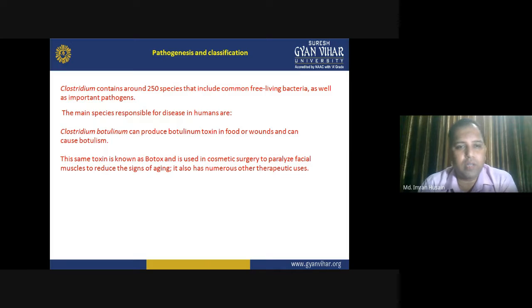This is the same name. This same toxin is known as Botox and is used in cosmetic surgery to paralyze facial muscles to reduce the signs of aging.